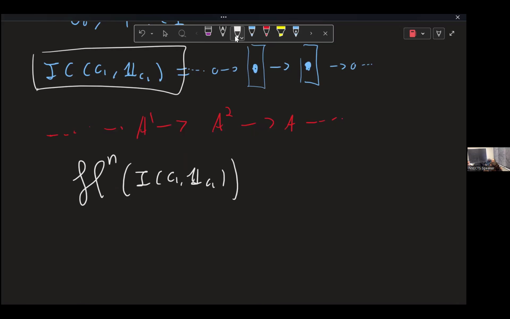Well, you were just picking a particularly nice resolution. Sorry? You were picking a particularly nice resolution, one that happens to have a lot of zeros in it. Yeah. Well, the way this is actually defined, it doesn't go through the normal way of, say, deriving a functor, where you take your object, approximate it by some nice resolution, apply your functor, and take cohomology.